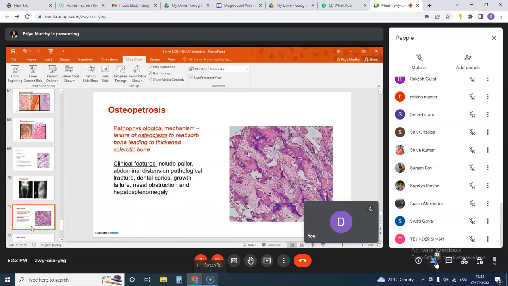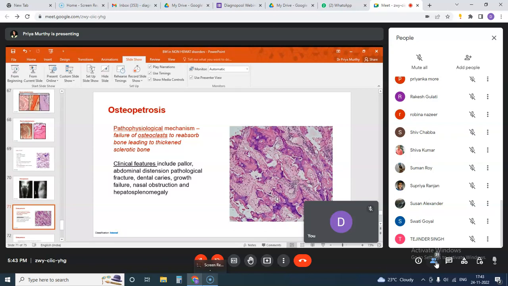So this is a case of osteopetrosis. In osteopetrosis, osteoclasts fail to perform their function of bone resorption, thereby leading to thickened sclerotic bone. And patients present with pallor, abdominal distension, pathological fracture, dental caries, nasal obstruction, and hepatosplenomegaly.